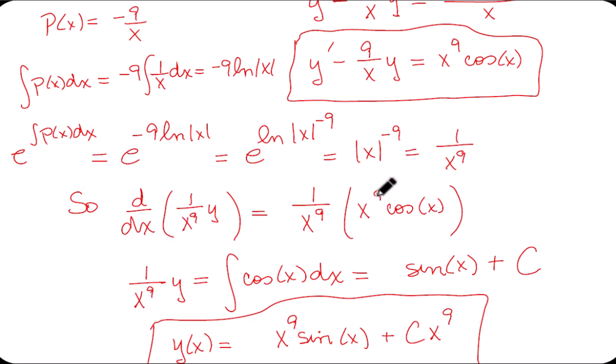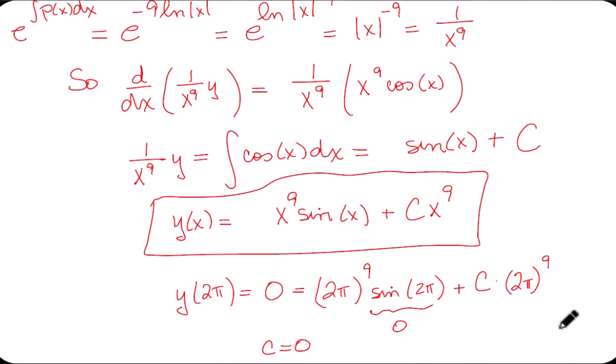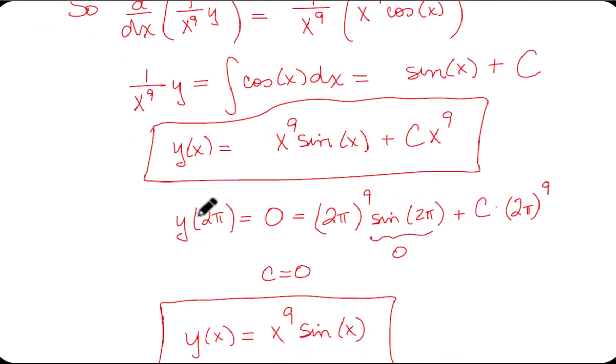On the right, the x to the 9ths cancel, so I'm simply integrating the cosine, and I get the sine. So, multiplying through by x to the 9th, we get our general form. Let's see, y at 2 pi was 0. So plug in 2 pi in all the places we have an x.